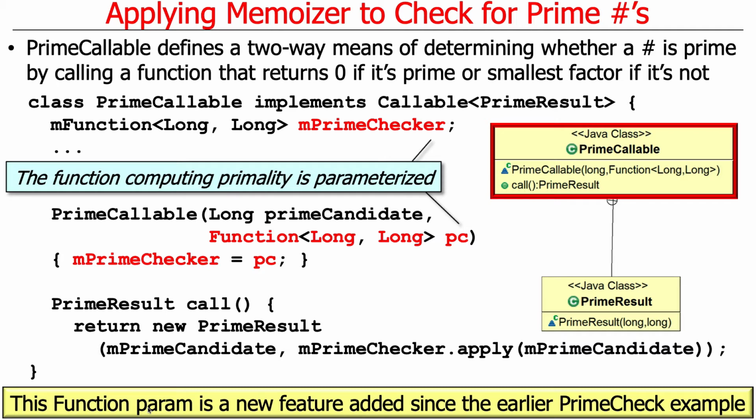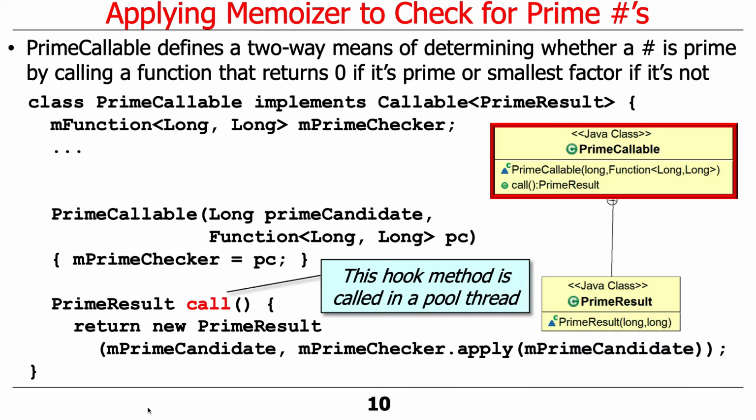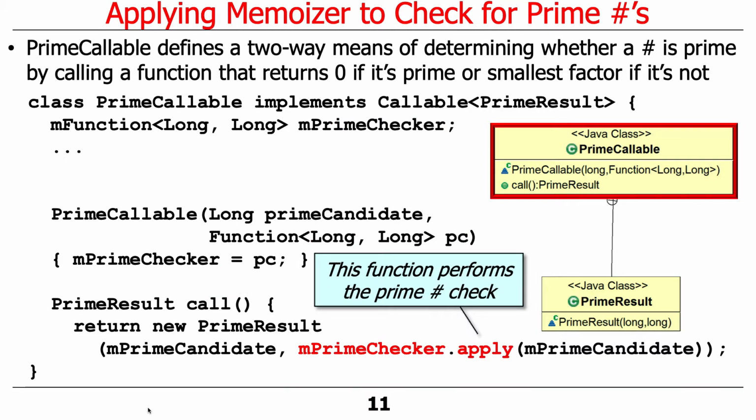And this is the new thing that we added to this. We didn't have this before. We hard-coded the function. We hard-coded it to be the brute force function. And then this is the hook method that's called in a thread in the thread pool. And as you can see, what it does is it goes ahead and calls the apply method on the PrimeChecker that's stashed away from the constructor, and that figures out whether the number is prime.